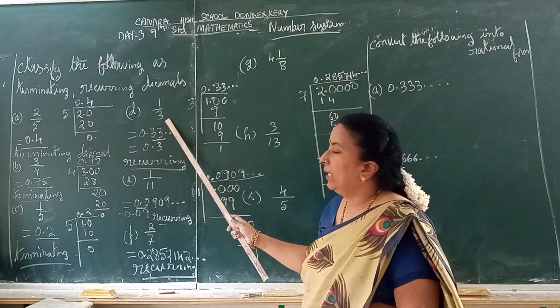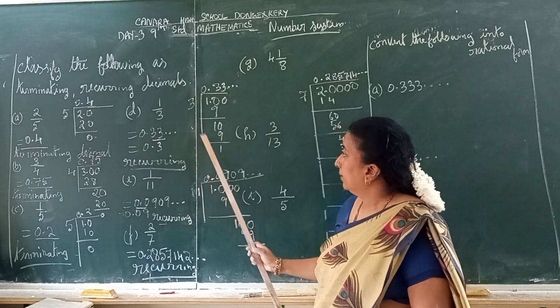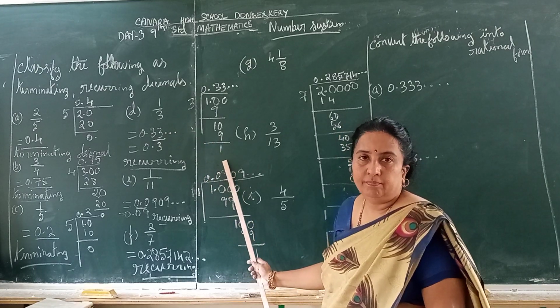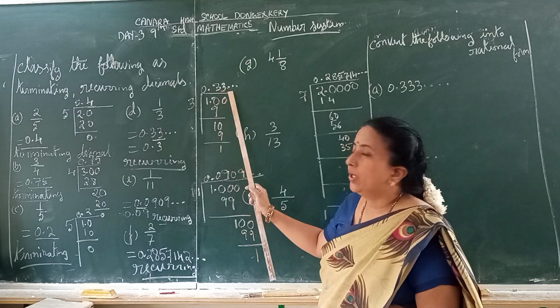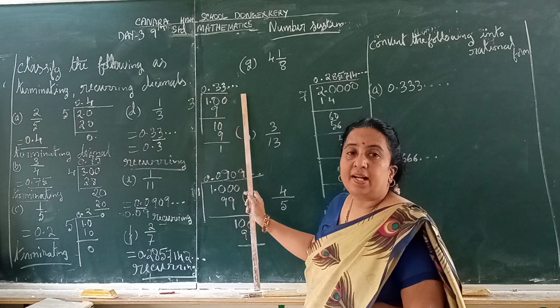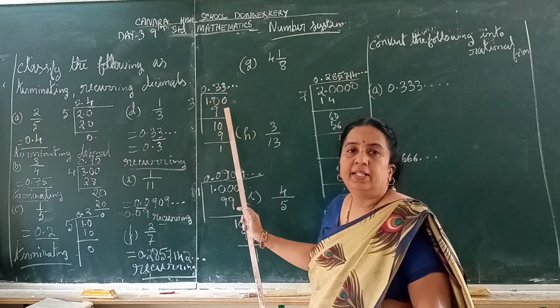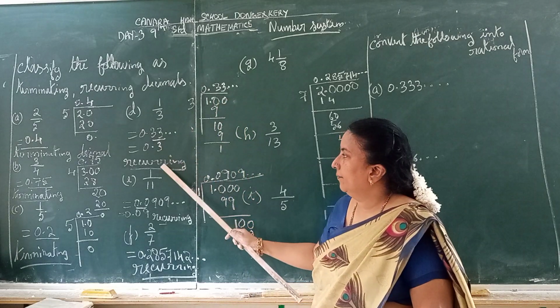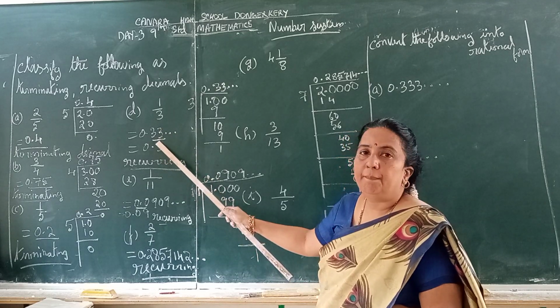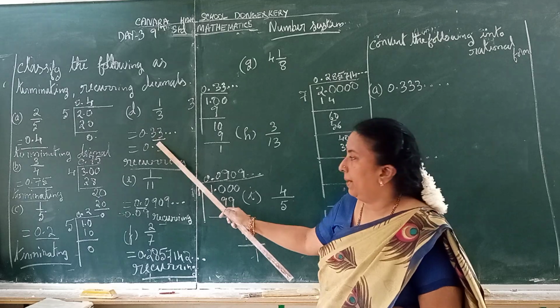Then we took 1 by 3. Its remainder will always be 1. Therefore, the quotient is 0.333333. So it is repeating, or in other words, recurring. 0.333 with a dot, or put one bar over the repeating decimal.